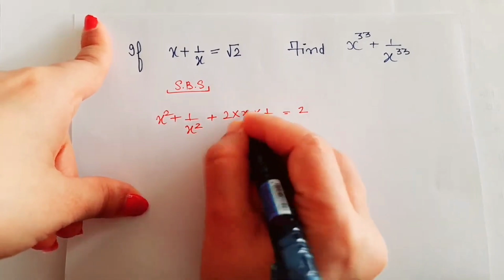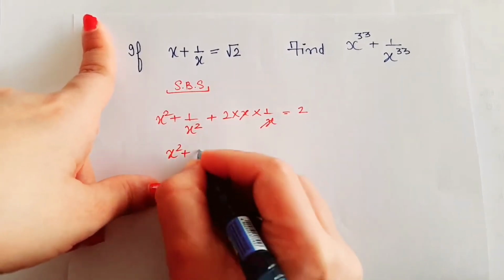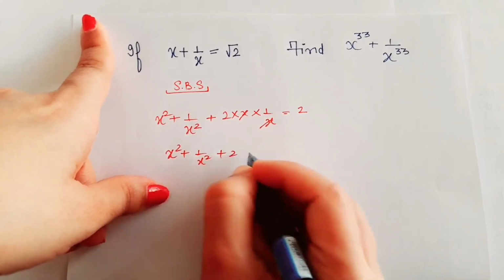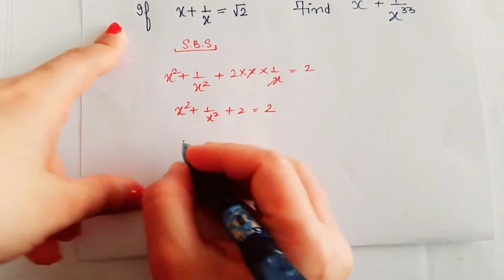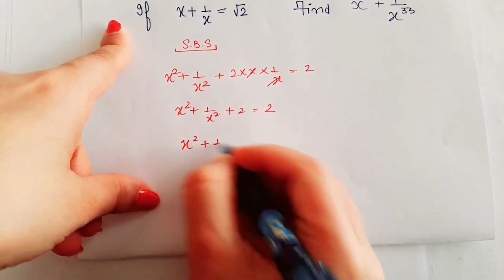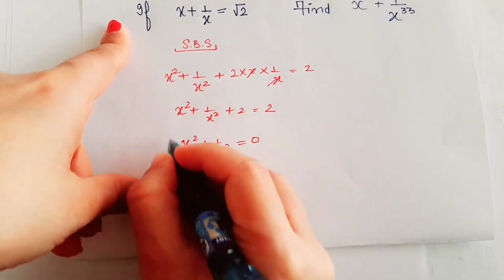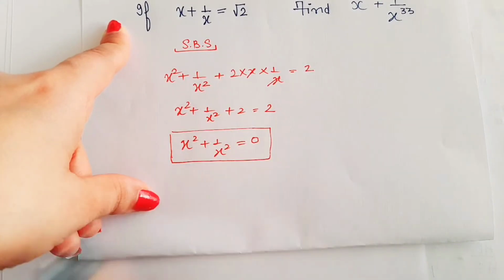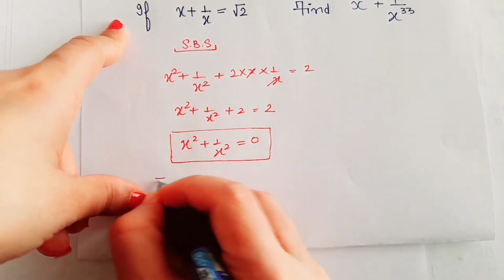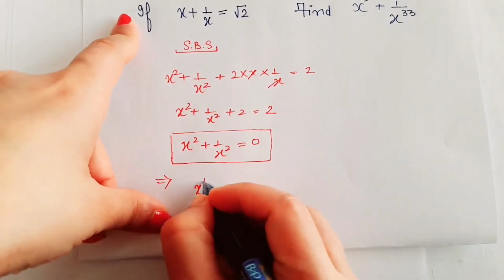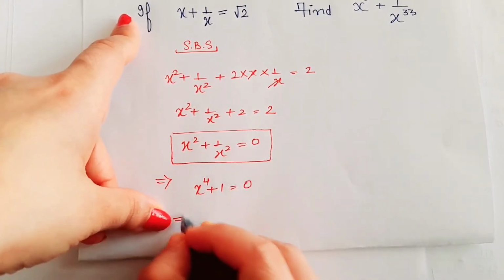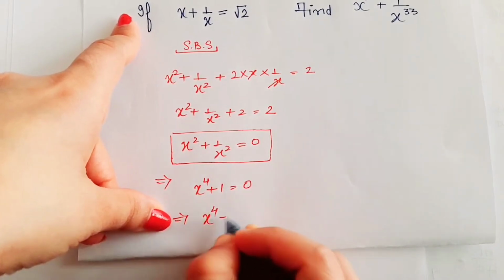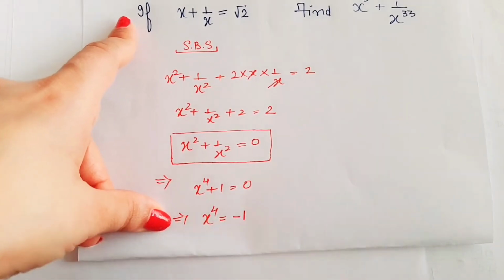So we will get x square plus 1 by x square plus 2 is equal to 2. And then we will get x square plus 1 by x square is equal to 0. Okay. Or we can say that x raised to power 4 plus 1 is equal to 0. This implies x raised to power 4 is equal to minus 1.